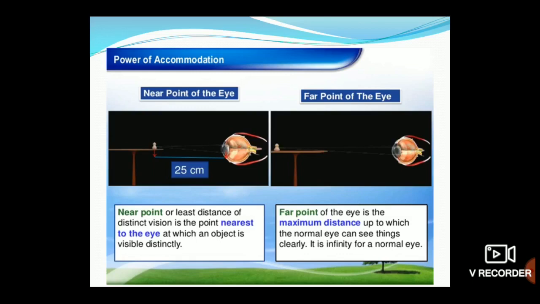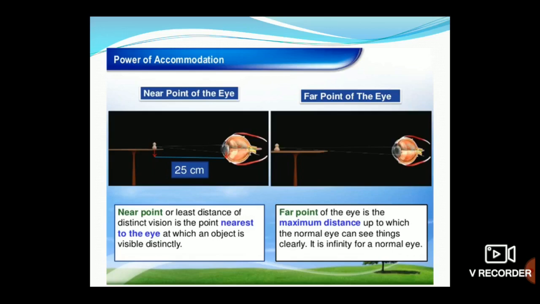accommodation of the eye. The other two terms we should know before defining the range of vision are the near point of the eye and the far point of the eye. The near point of the eye, another name is least distance of distinct vision.